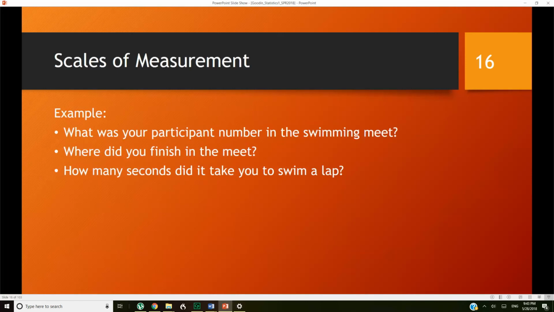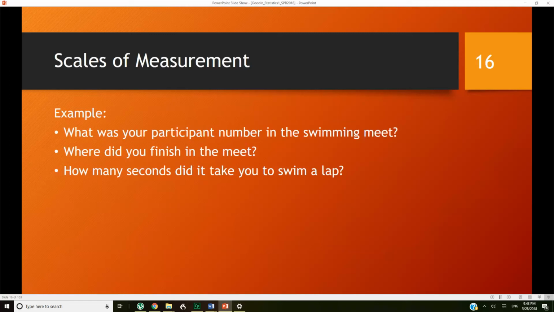As we start to think about scales of measurement, I'll give you some examples. When we're in a swimming meet or race of any type, they often give us a number. What meaning does that number have? Probably it just refers to the number in which we showed up to the race, and it allows the judges not to confuse one person with another. If we ask where someone finished in the meet, that would be in order.